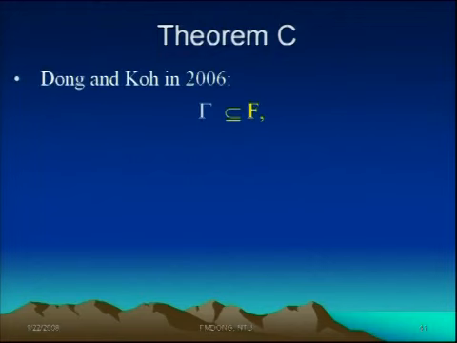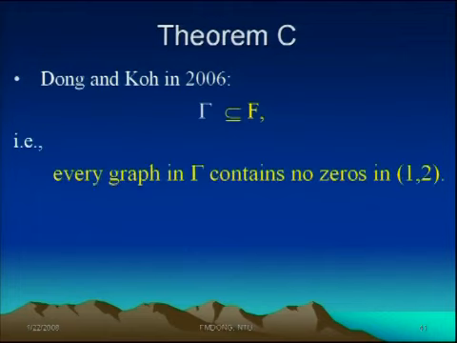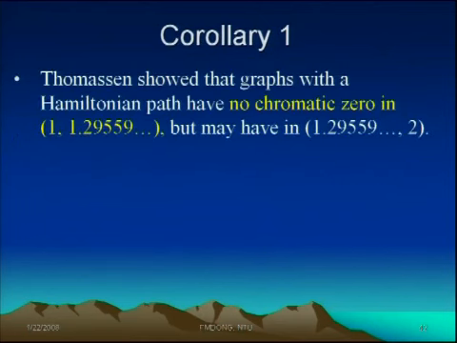So there's one result: the whole family gamma is in F. It means every graph in gamma has no chromatic zero between 1 and 2. So that's the family we've discovered.